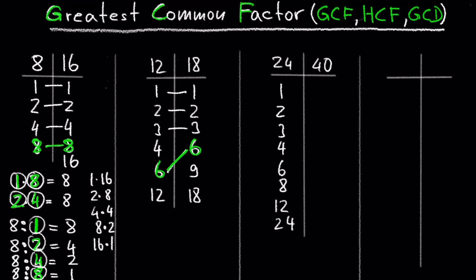And the numbers that fit into 40 evenly without a remainder left over are 1, 2, 4, 5, 8, 10, 20, and 40. The second step is to mark common factors, which are 1, 2, 4, and 8.